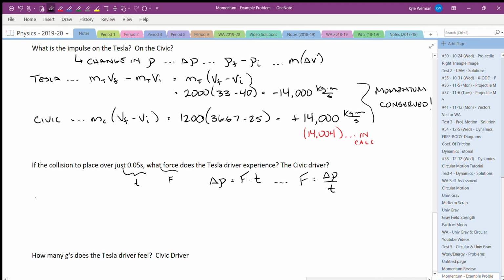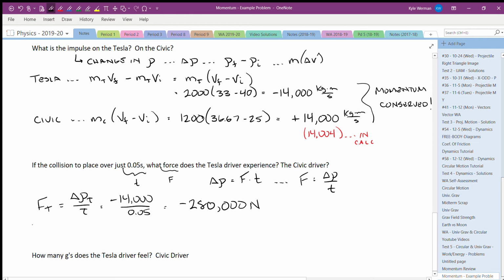And so the force on the Tesla would be the change in the momentum of the Tesla over the time, which was negative 14,000 over 0.05. And so if I take 14,000 divided by 0.05, I get negative 280,000 newtons. We're now in forces.